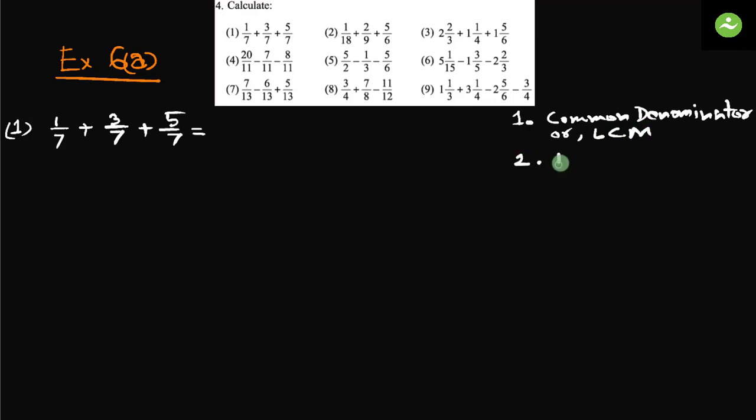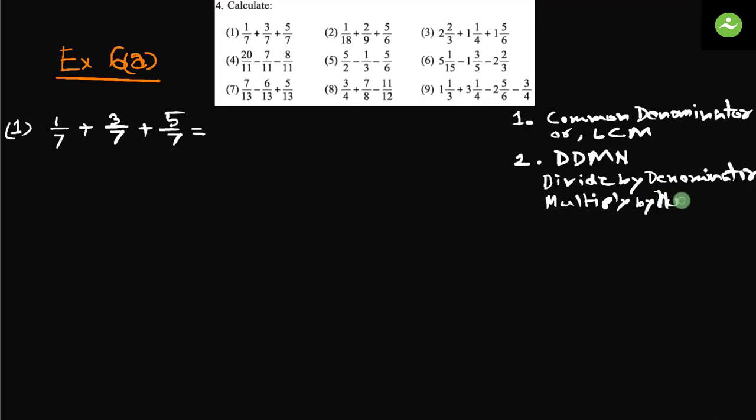And number 2 is DDMN, that means divide by denominator and multiply by numerator. So what is the common denominator here?